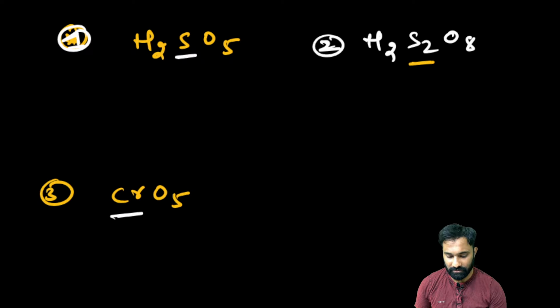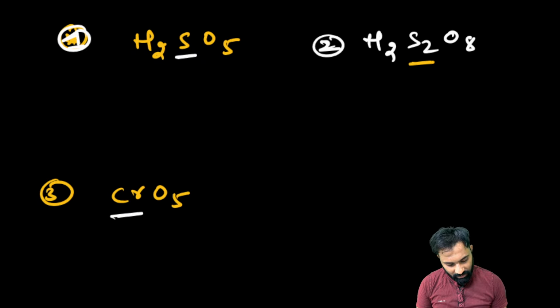What is the oxidation number of the sulfur in the first compound, and what is the oxidation number of the sulfur in the second? Now, my dear friends who are saying the oxidation number of the first one is plus 8, listen.